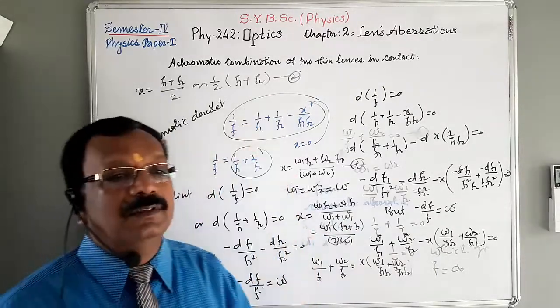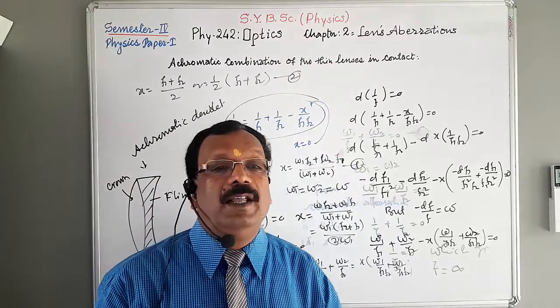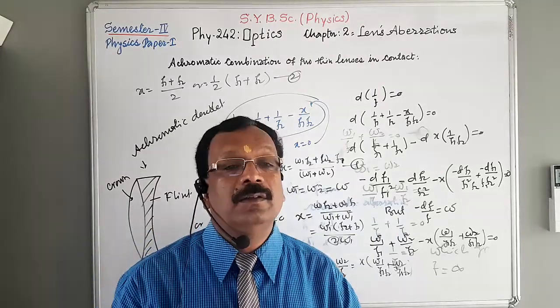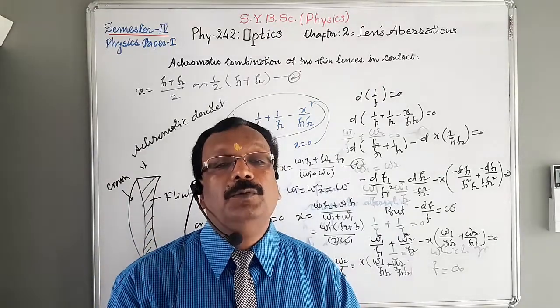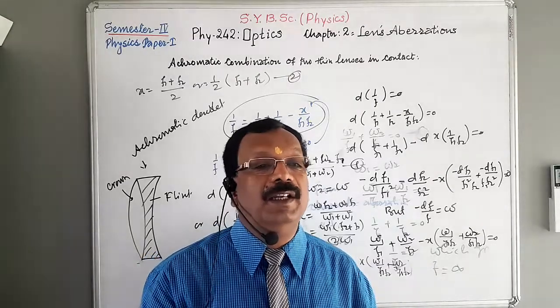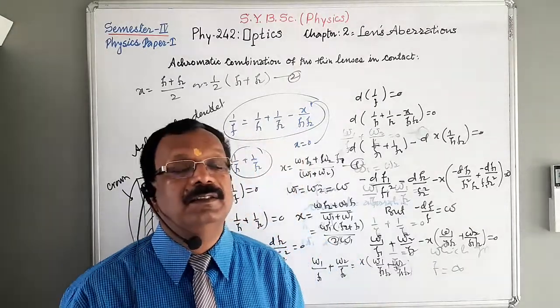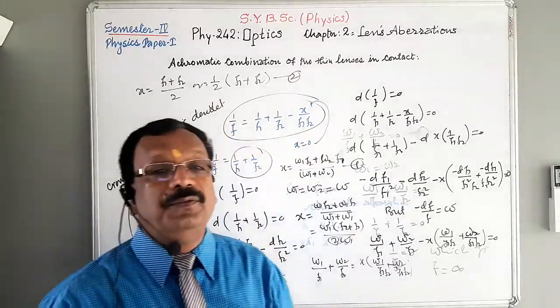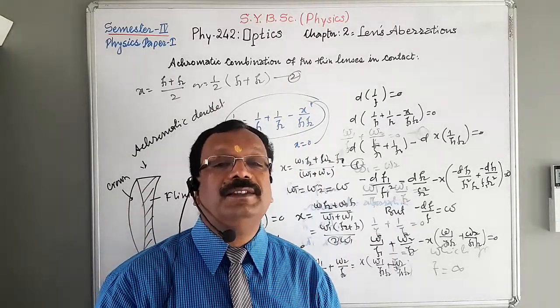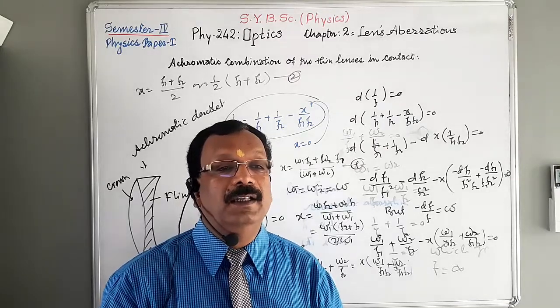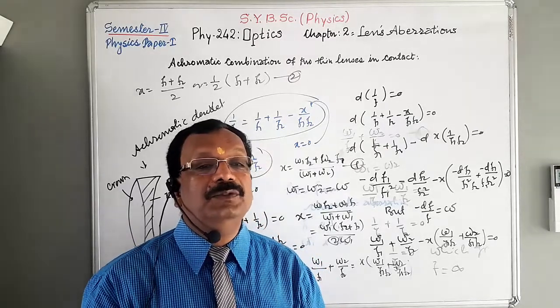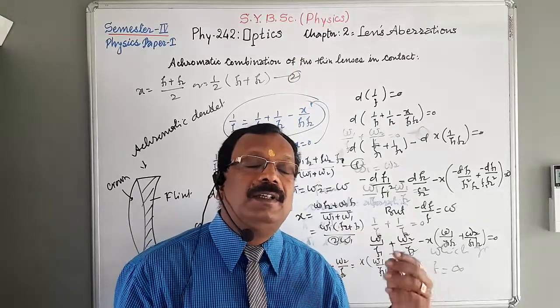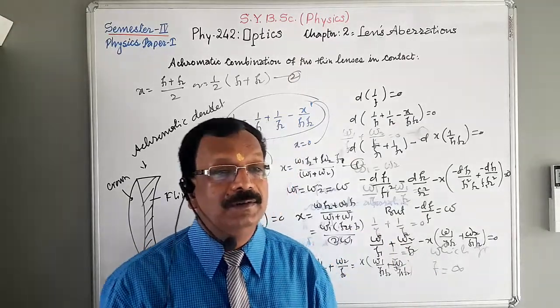Thus, from this equation, we see that for an achromatic combination, the two lenses of the same material should be separated by a distance equal to half of the sum of their focal lengths. And this condition is used in the construction of the Huygens eyepiece.